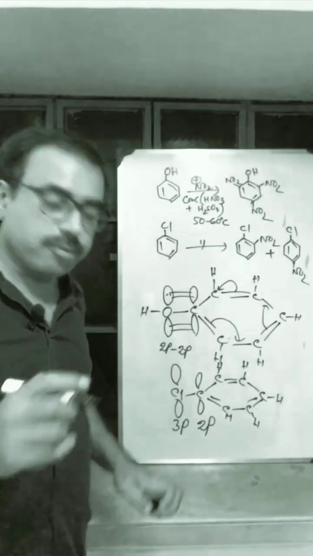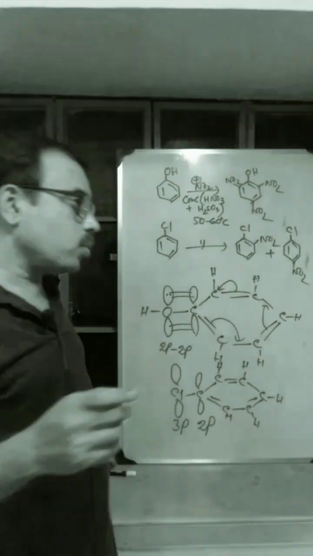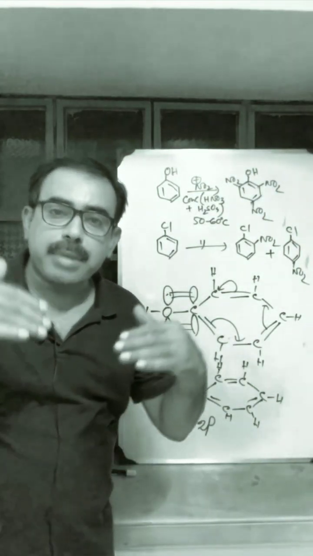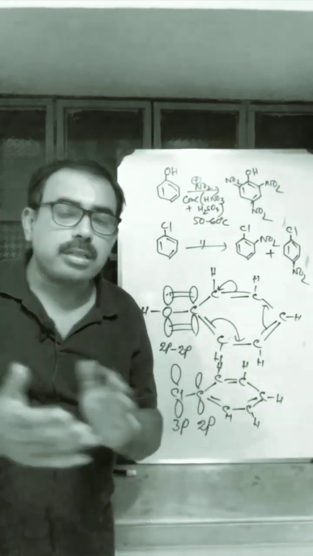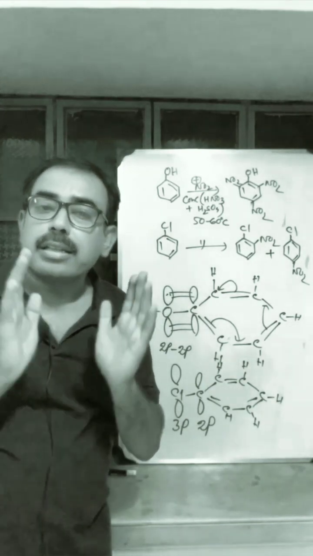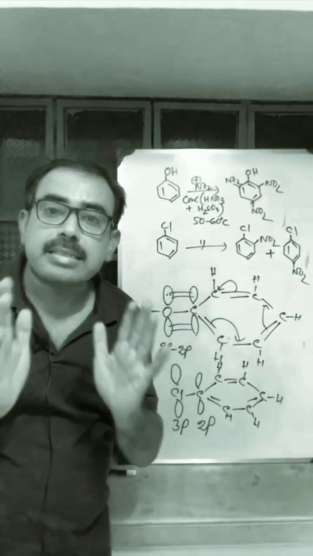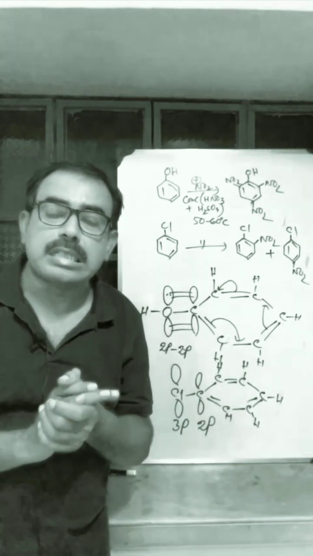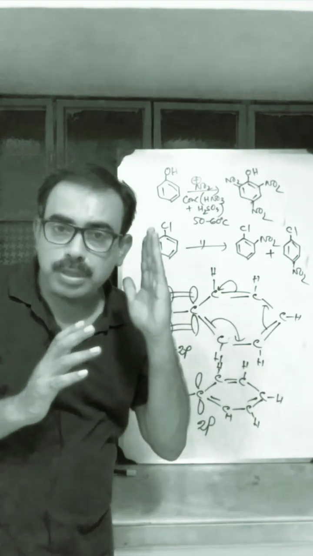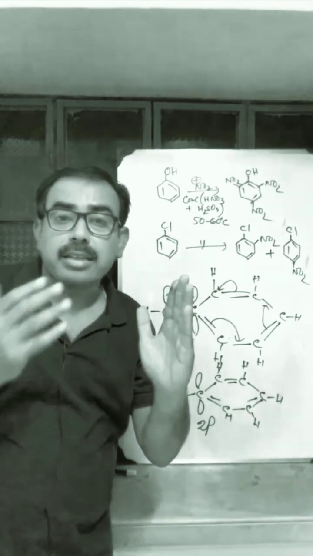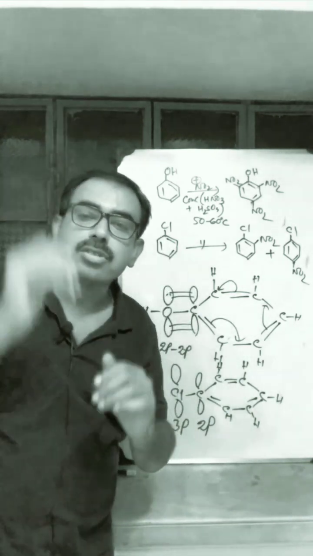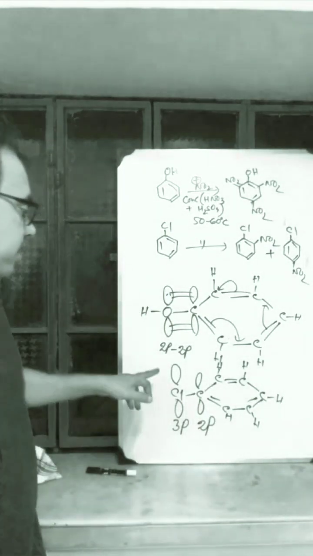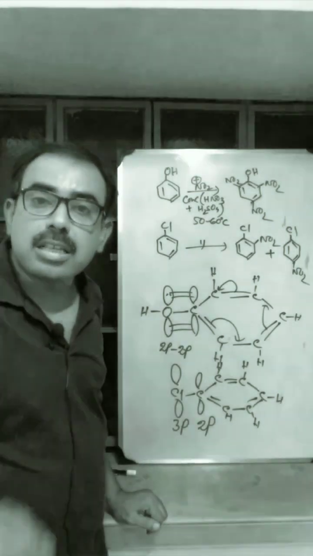Orbitals in different energy levels can make head-on overlapping, but when lateral overlapping occurs, they should be in the same plane and at the same energy level. The 2p is at a lower energy level and the 3p is at a higher energy level, so lateral overlapping is not effective. That is why this delocalization is very poor.